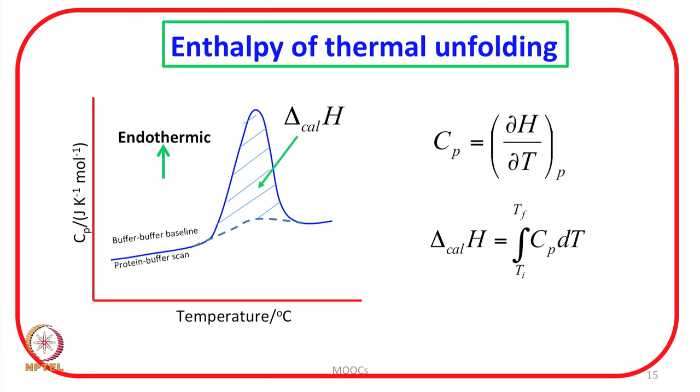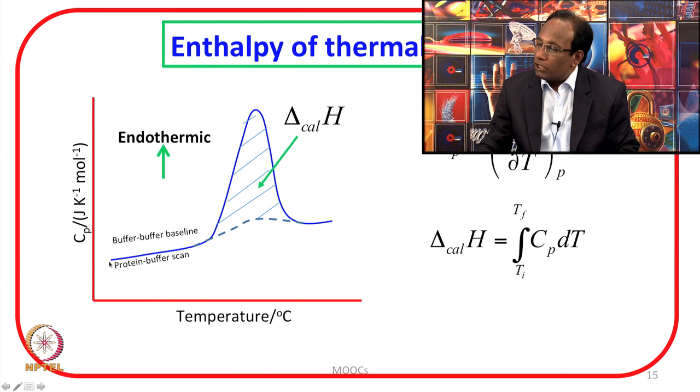and this is, I would say, the excess heat capacity. Why? I can call this excess heat capacity, because you are subtracting the protein buffer scan from the buffer baseline. So, this is an outcome of this minus this.